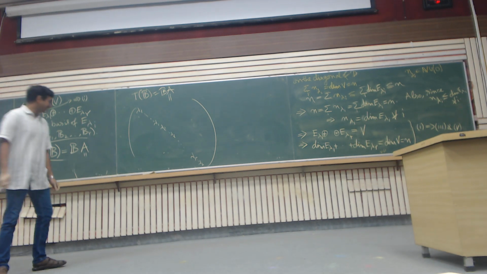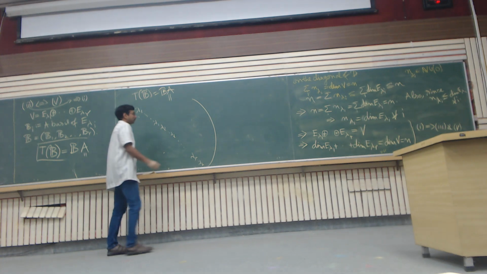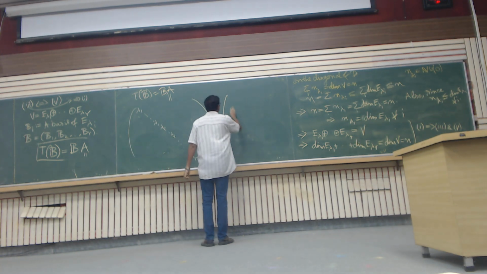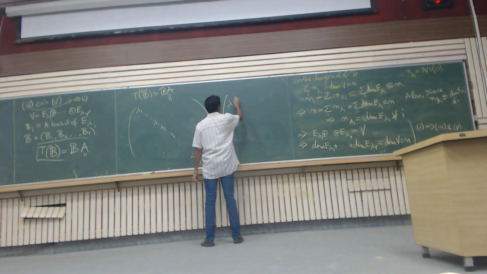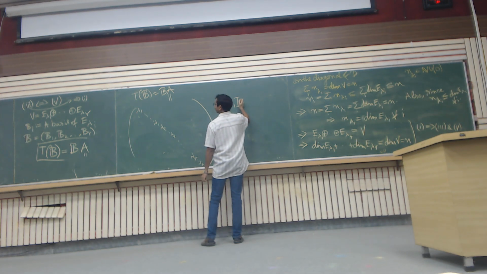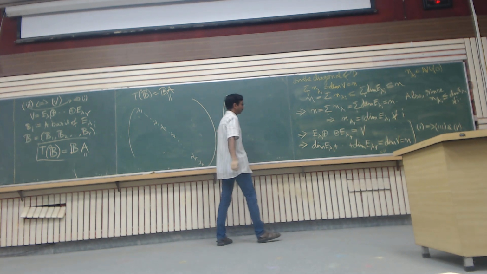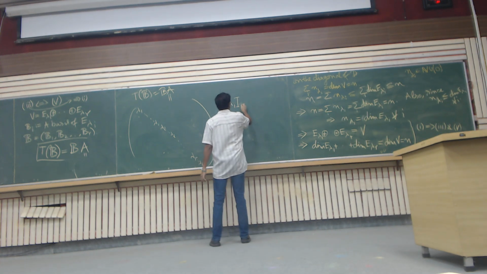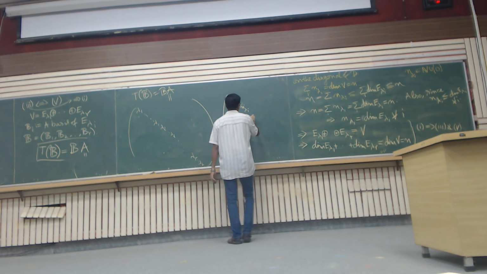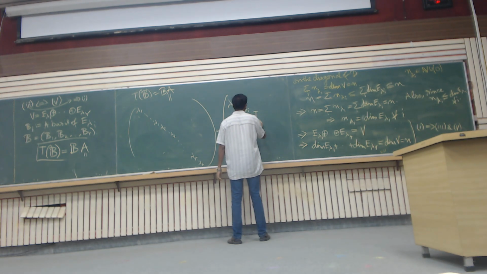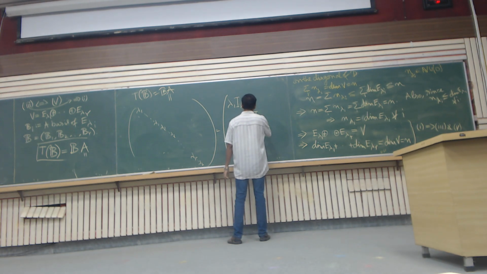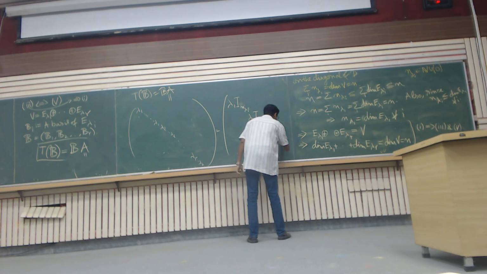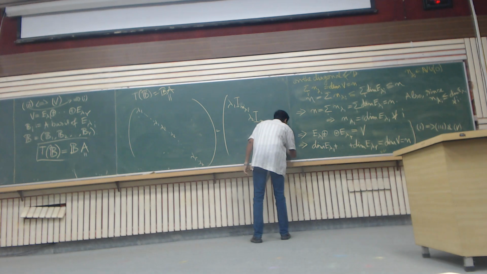So this is equal to lambda 1 times the identity I of size n lambda 1, lambda 2 times I of size n lambda 2, up to lambda r times I of size n lambda r. Alright?